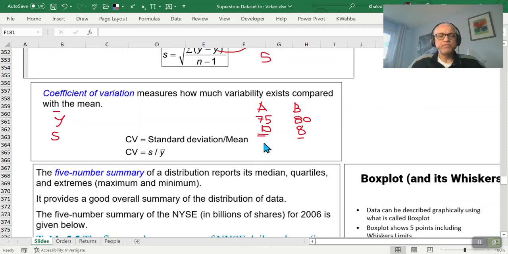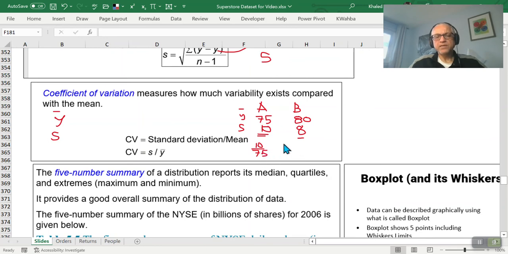In this case you need to divide the S by Y bar, the average, and multiply by 100. So if you take the CV here, we call it the coefficient of variation, by taking the S divided by Y bar, let us see the number that we're going to get here: 10 divided by 75.